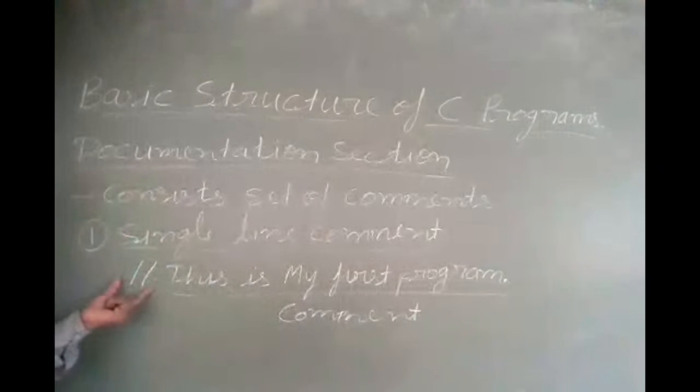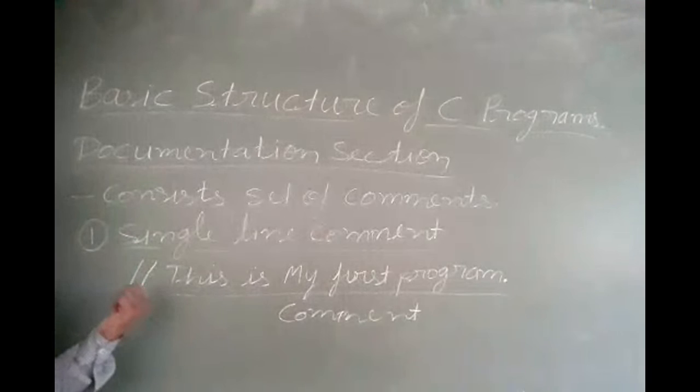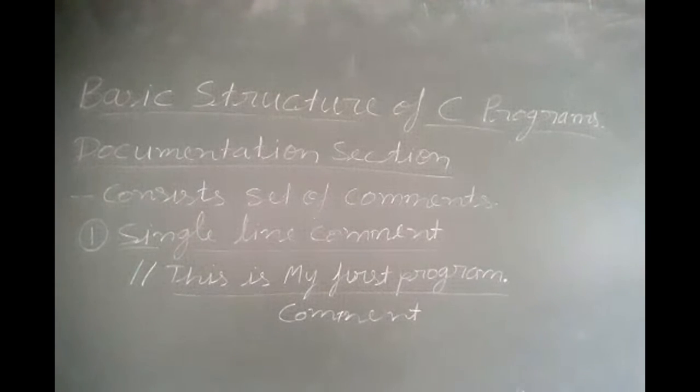So if we need to make a line a comment, then we simply put the double slash in front of the line. That line will become a comment line, and that line will not be executed or compiled by the compiler.